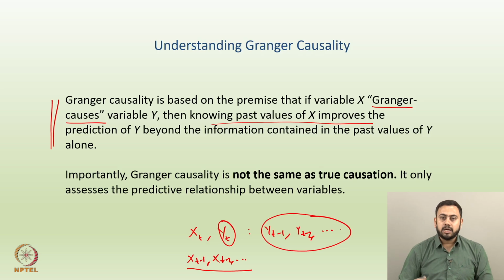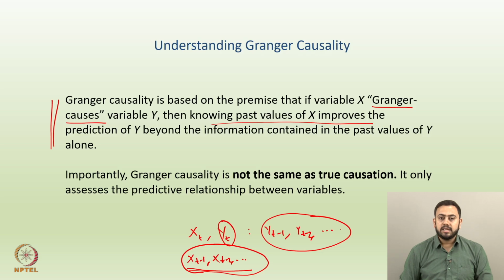Of course, how do you do forecasting or prediction? One can do forecasting based on its own past values, isn't it? But on the other hand, if you have another variable, let us say xt, which is Granger causing y, then one can add the information from the past values of x also. Importantly, Granger causality is not the same as true causation, by the way.